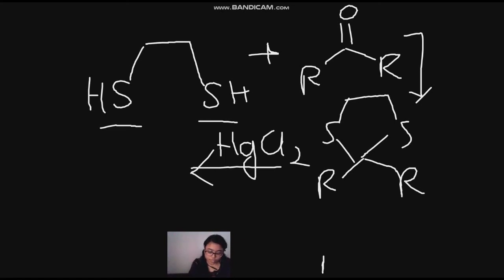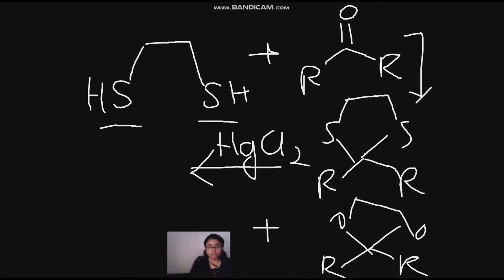But if we have this one with oxygen, then in presence of H plus, deprotection will happen. So whenever we have more functional groups, that will not be suitable as a protecting agent.